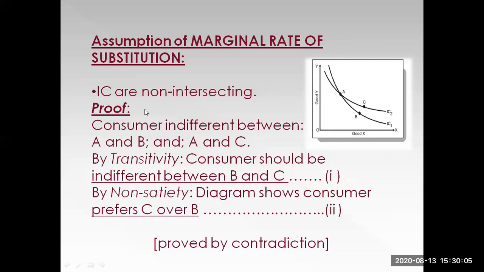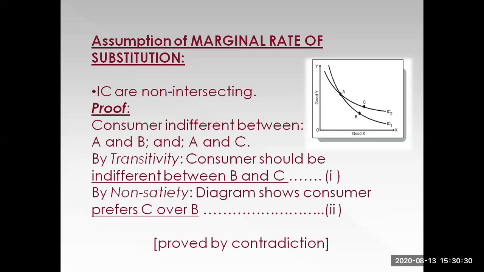If I use this assumption, I am arriving at two contradictory solutions, and that means my assumption is wrong. So the consumer cannot be indifferent between A and B and A and C at the same time, which essentially means that ICs are non-intersecting. That is, ICs are always non-intersecting and they cannot intersect each other.